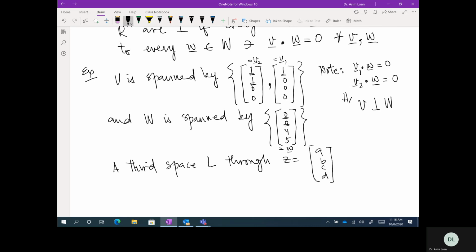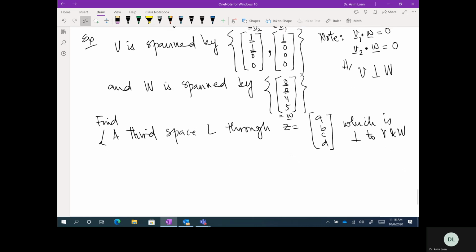Find a third space L through Z which is orthogonal to V and W. So how do we do that?